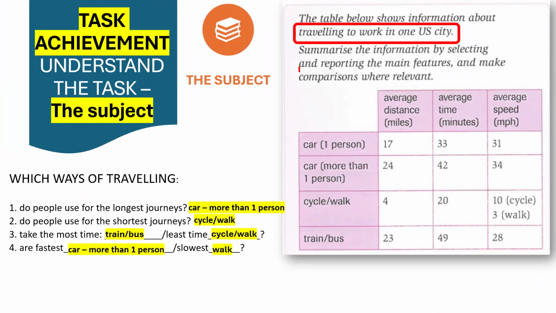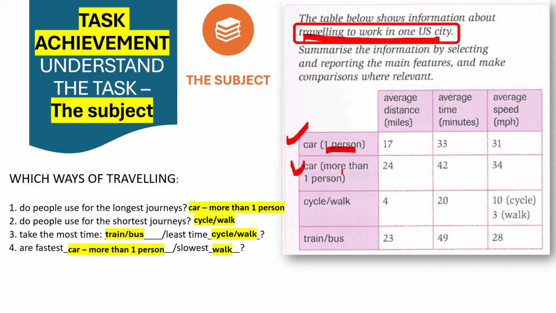So if you look at the graph here, what is being asked here in the graph are the information here shows about traveling to work in one US city. So that means, how do people in one US city travel to work? So people travel to work by car, only one person in one car.